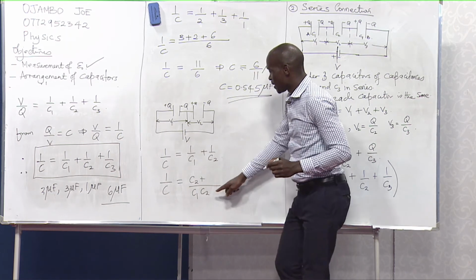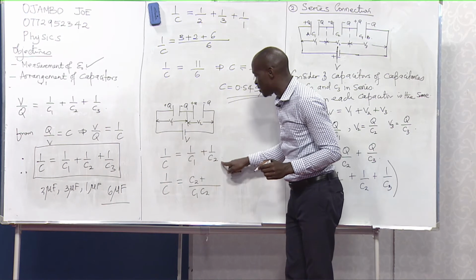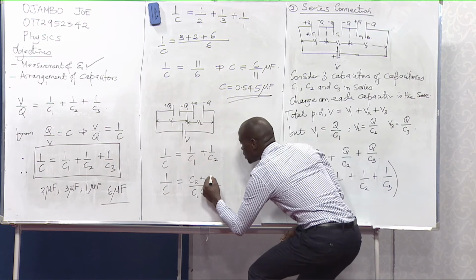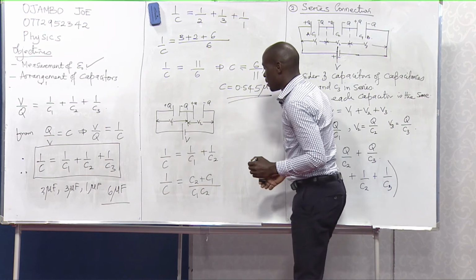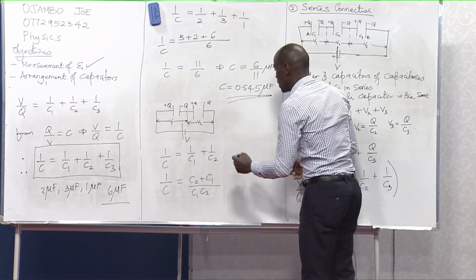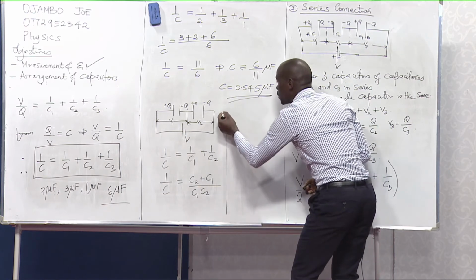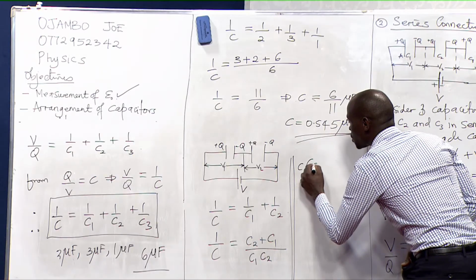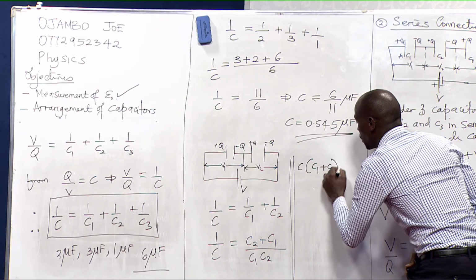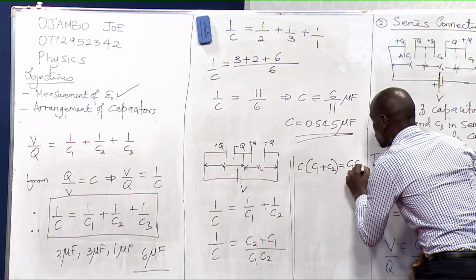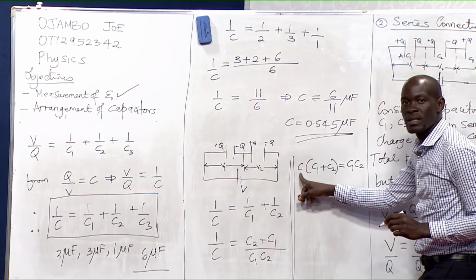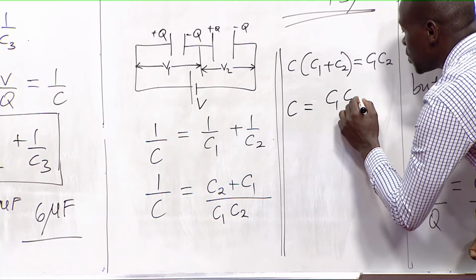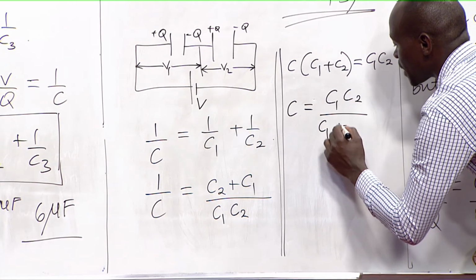Plus C2 C1 divided by C2, we shall remain with C1. Isn't it so? Times 1 is going to be C1. Now, when you play around with these unknowns or letters, we shall discover that C into (C1 plus C2) will then be equal to C1 C2. Our target is to make C the subject, isn't it so? So therefore we shall have C is equal to C1 C2 over C1 plus C2.